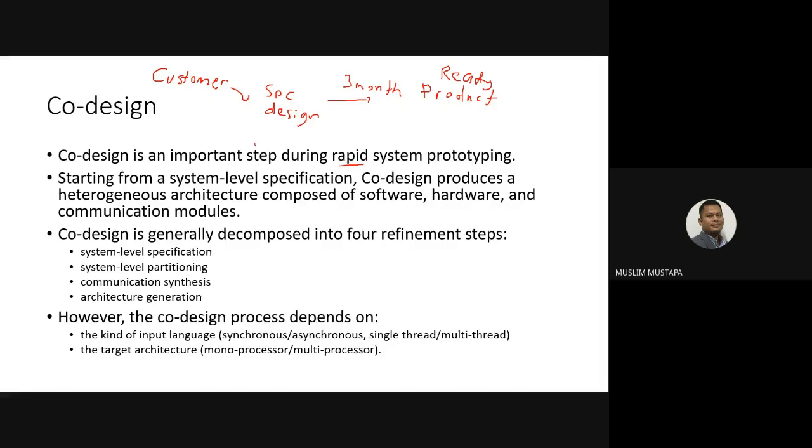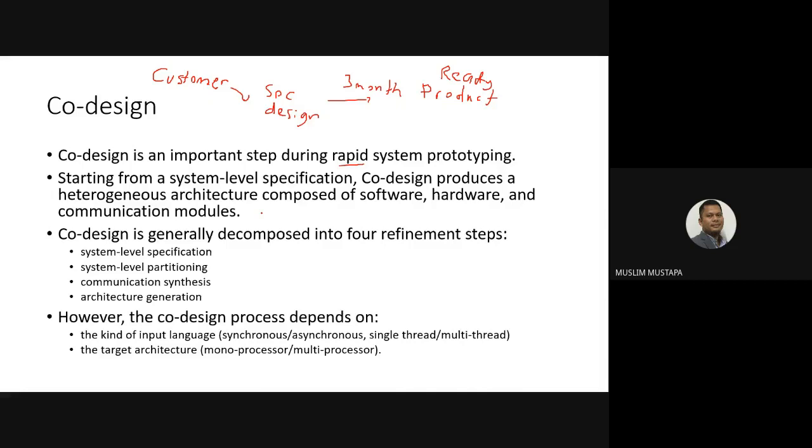It starts from the system level spec. Co-design produces a heterogeneous architecture composed of software, hardware, and communication modules. Here you can see they divide into three components in this co-design. The first one is software, second is hardware, and of course the third one is the communication modules.